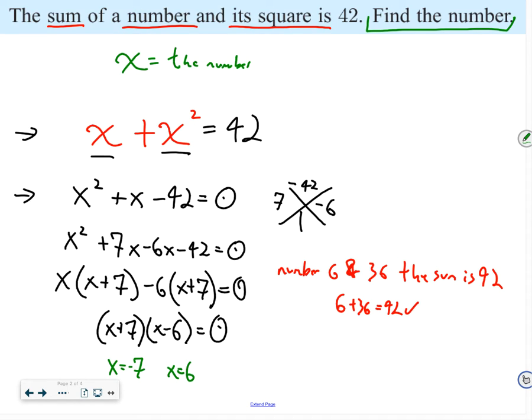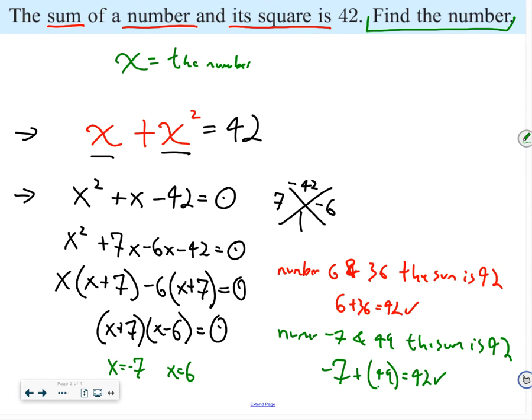A number, negative 7, and its square, 49. The sum is 42. We can see that negative 7 plus 49 is equal to 42. Check. Okay, let's look at another example here.